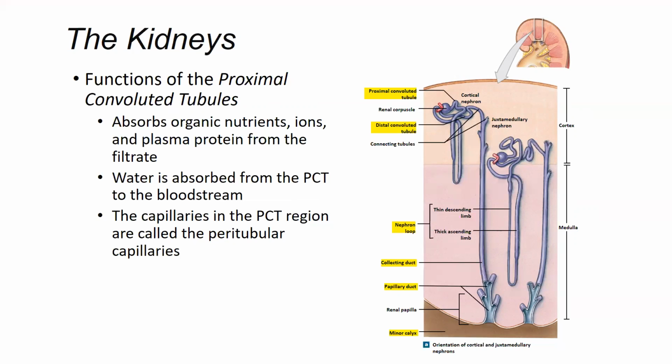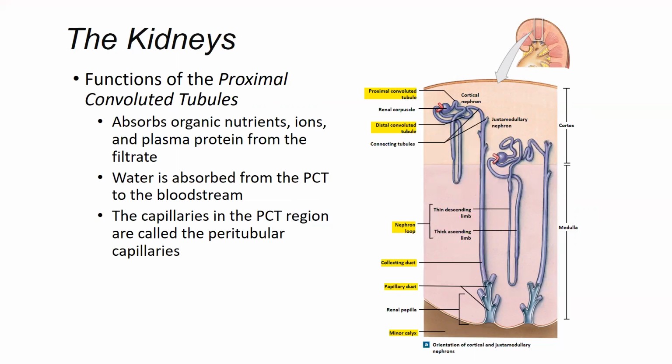The capillaries in the proximal convoluted tubule are associated with peritubular capillaries. So we talked about this. Remember those two important vessels I told you to remember? The peritubular capillaries are going to be closely associated with the proximal convoluted tubule. So what does that mean?